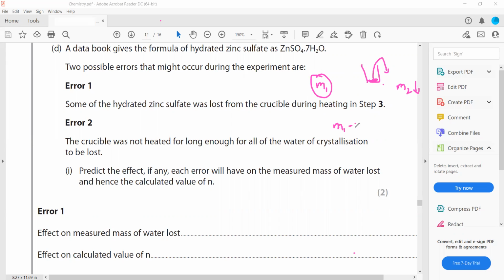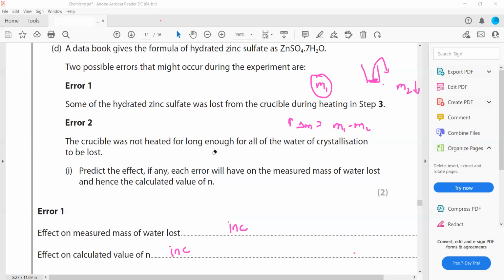So the difference in the mass will be more, so the mass of water lost will increase. And as a result, if the mass of water increases, the moles of water will also increase, because the mass is more, the moles will come out more as well.